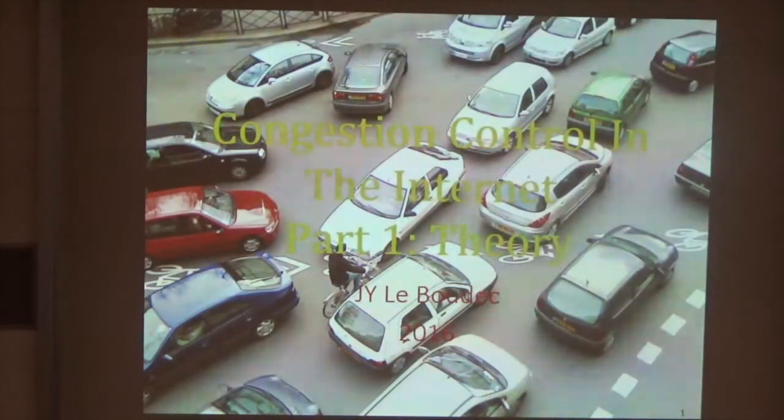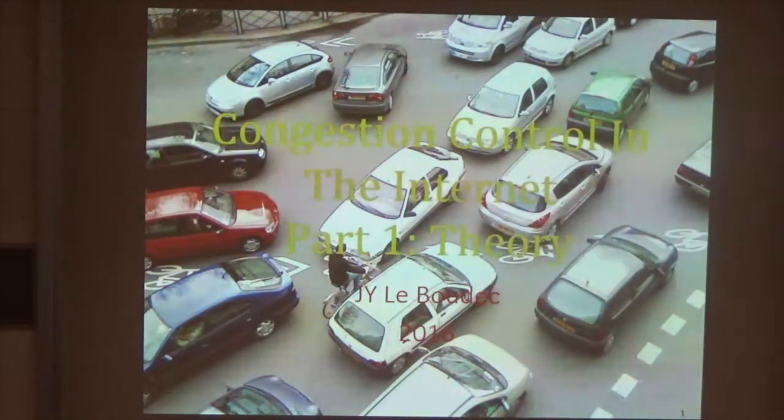So congestion means we have reached capacity. If this intersection can carry 10,000 vehicles per hour, if there's more than 10,000, it's impossible. You will not get more than 10,000 through it, so there will be queuing and delay somewhere. But congestion collapse is when the traffic is high and the capacity of the system becomes less. So here, at a congested period like this, the capacity is much, much less than 10,000 vehicles per hour.